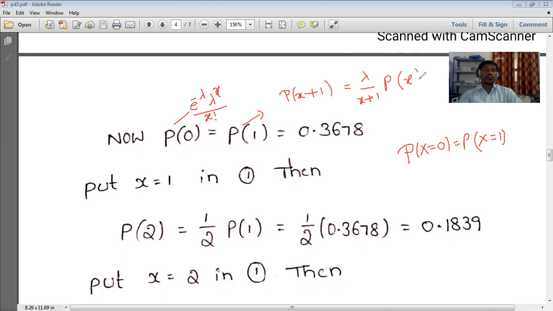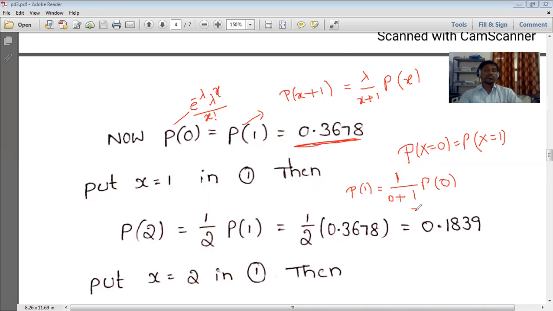Okay, so how can you say that both are equal? See, by calculating p of 0, we got 0.3678. For calculating p of 1, what do we have to substitute in place of x? 0 we are substituting. So if we substitute 0, it is p of 0 plus 1. So 0 plus 1 is nothing but 1, and lambda we already calculated, that is also 1. So 1 by 0 plus 1 into p of 0.